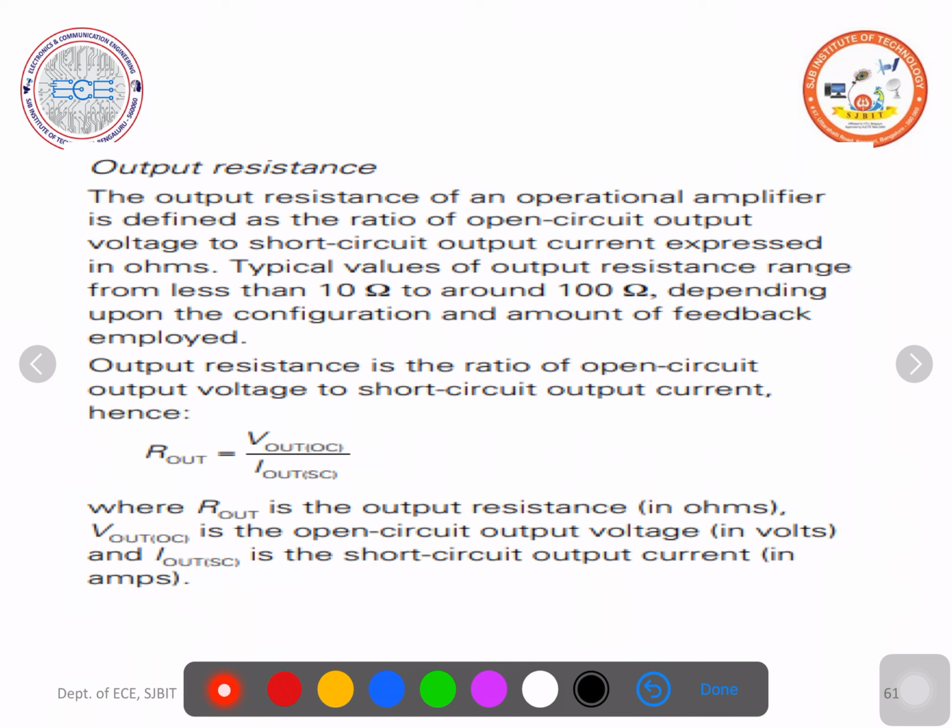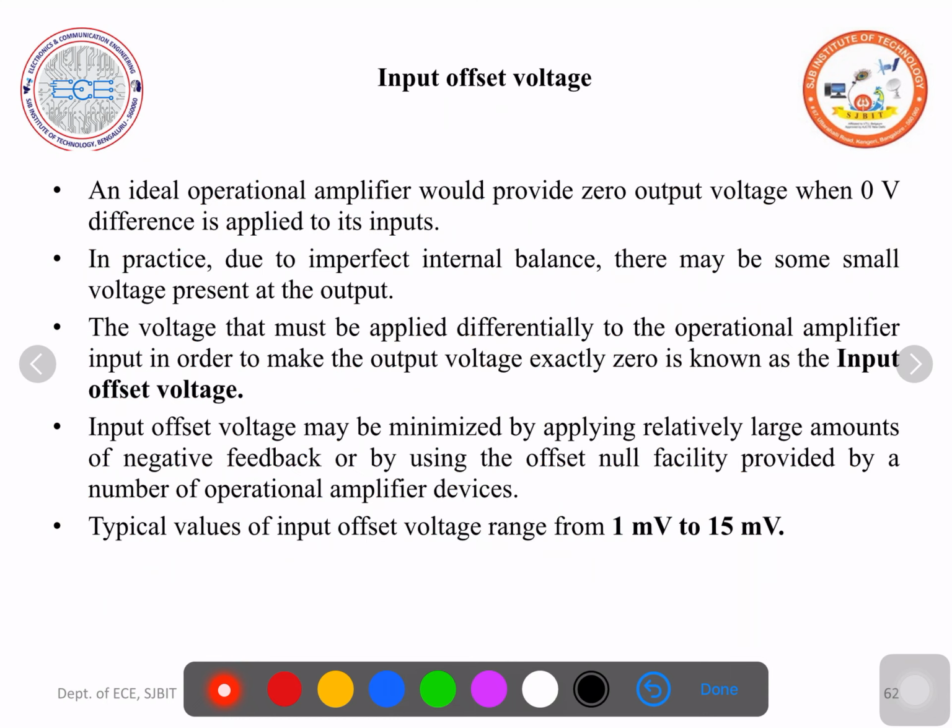So open circuit output voltage to the short circuit output current. Once again the unit is ohms. Then what will be the ideal value of this output resistance? The ideal value of output resistance is 0. But practically it ranges from 10 ohms to 100 ohms. Very small value, because ideally it is 0.